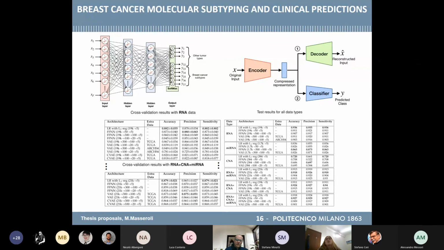So data that are in some way related to the actual one, the breast cancer ones, but useful to provide a sort of data augmentation, feeding our models with extra data.